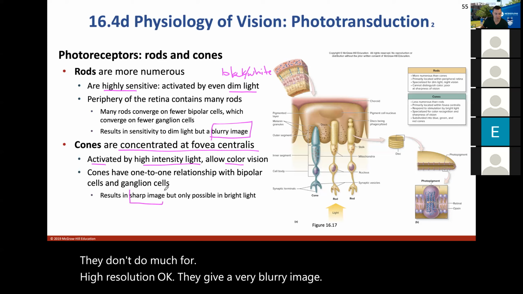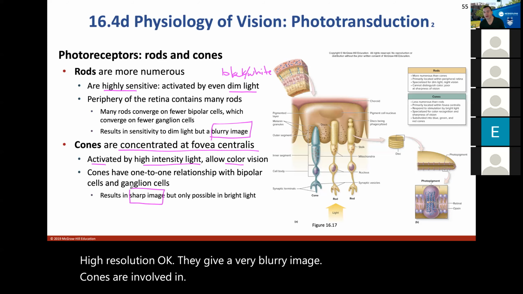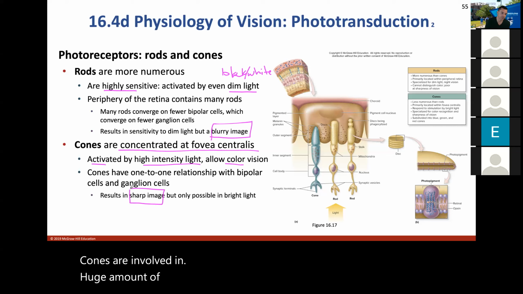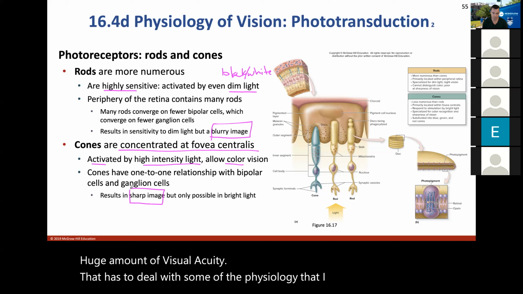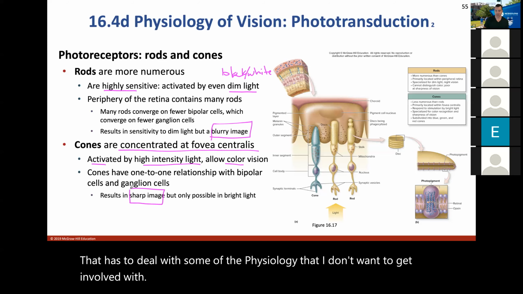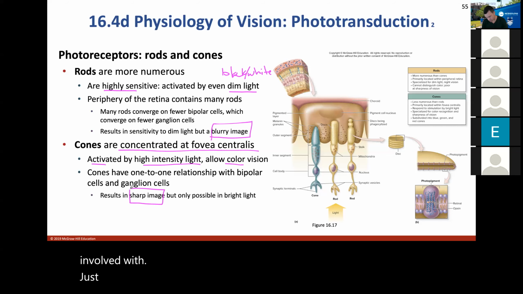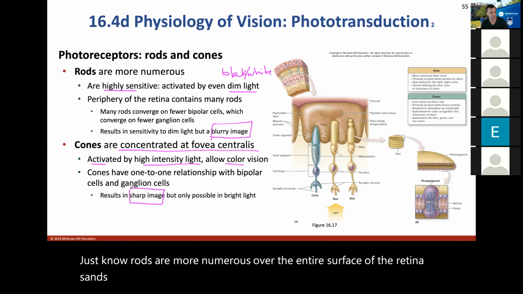Cones are involved in huge amount of visual acuity, okay? That has to deal with some of the physiology that I don't want to get involved with, okay? Just know, rods are more numerous over the entire surface of the retina, sans the macula lutea / fovea centralis.